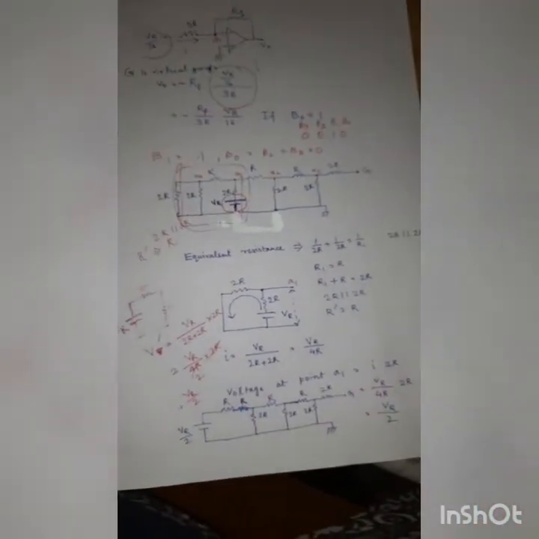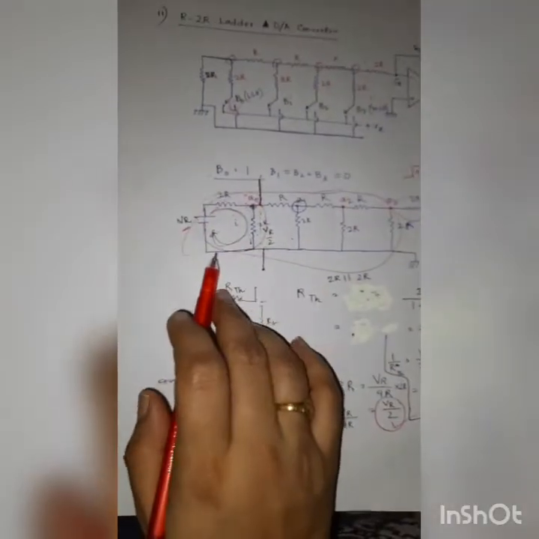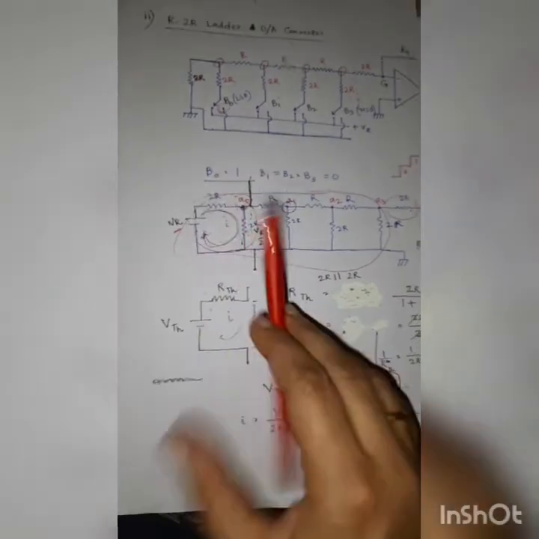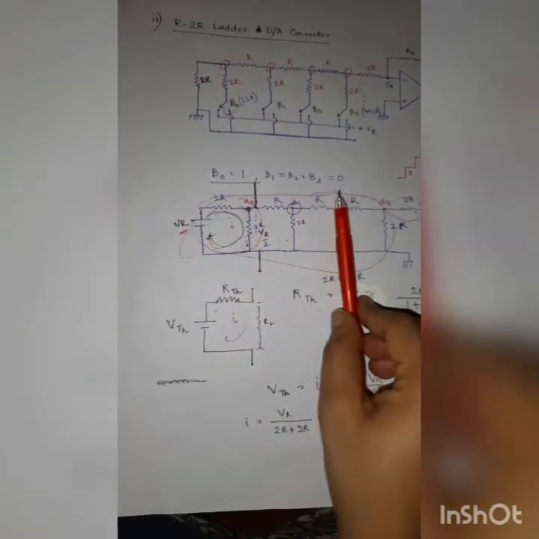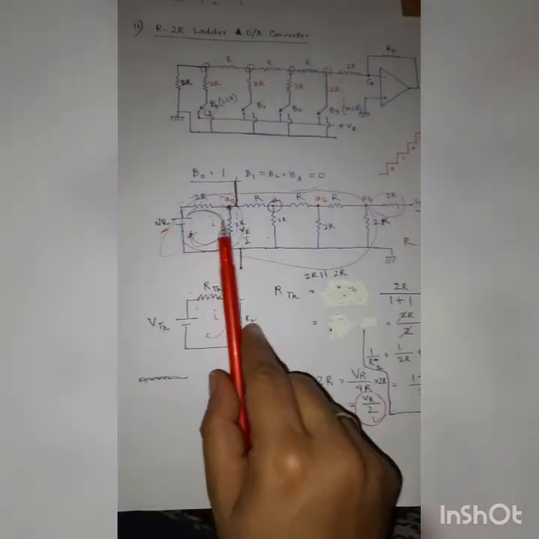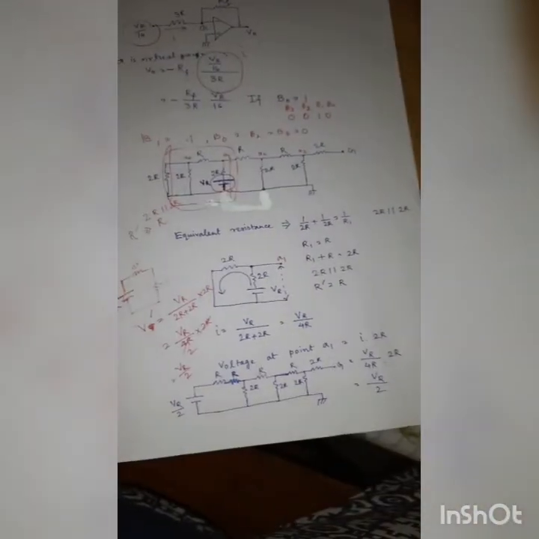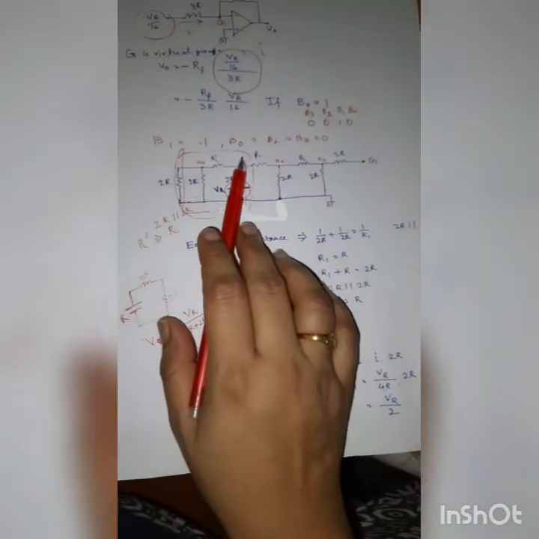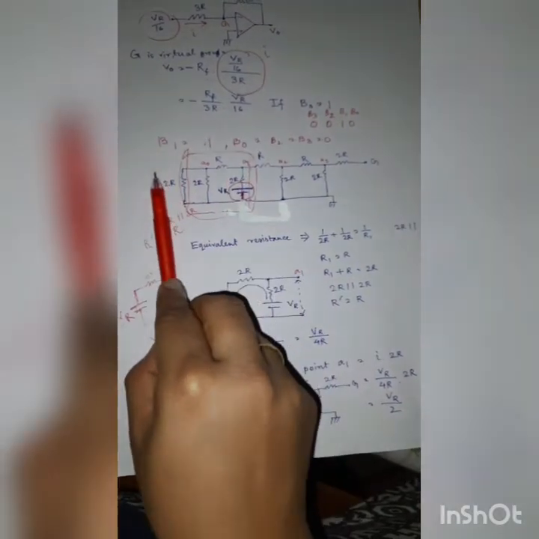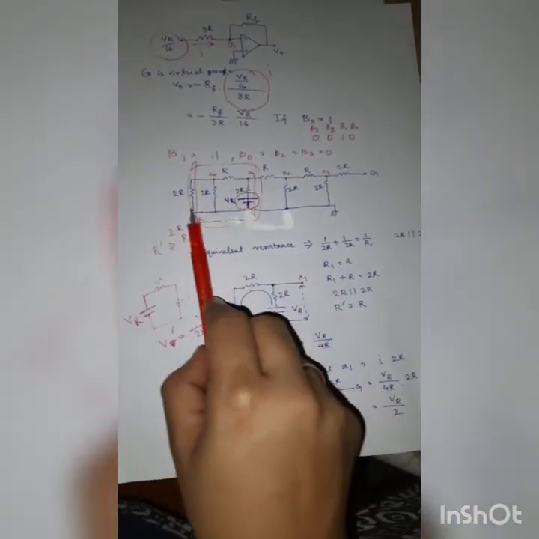Because for B0 equals 1, we know it is VR from here, and that will face gradually the R-2R ladder from the point A0, A1, A2. But here VR is starting from the point A1.